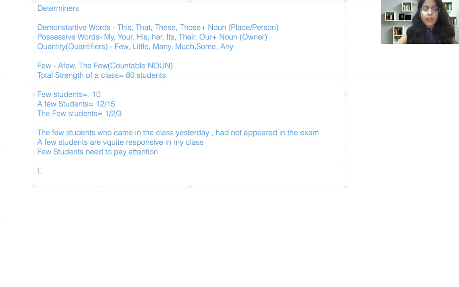Similarly, you will be doing the same bifurcation for little, as in a little and the little, but it is used for uncountable nouns like water, or sugar, or say sand, etc. Same is the case with many, which will be used with countable nouns.